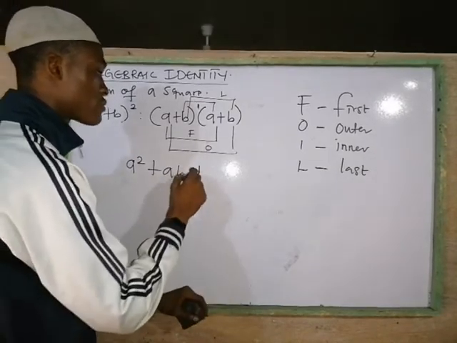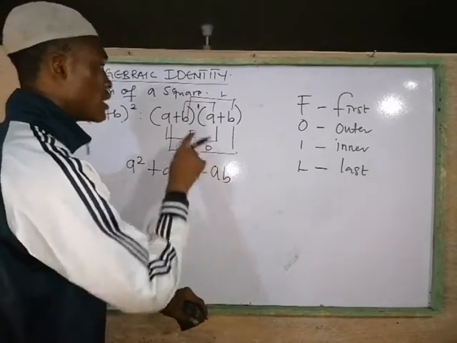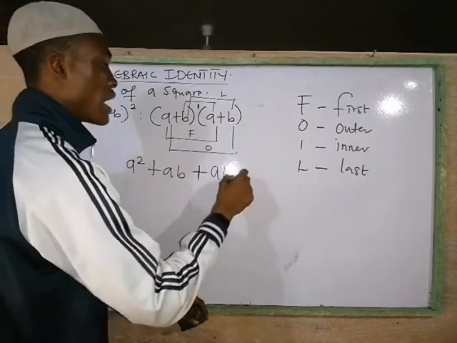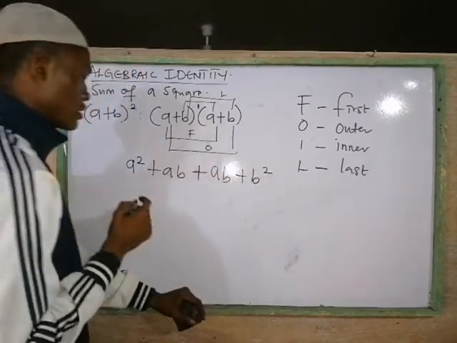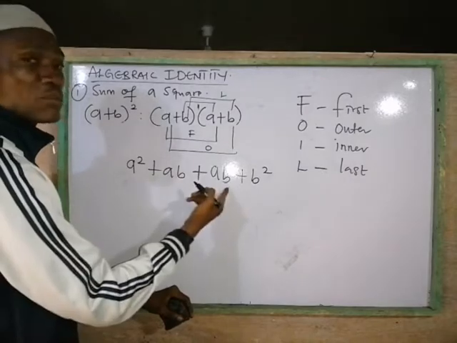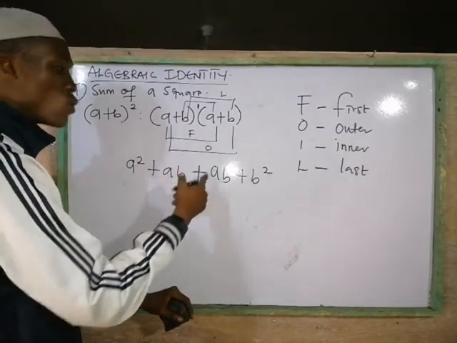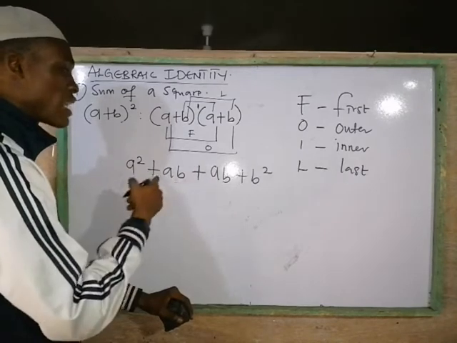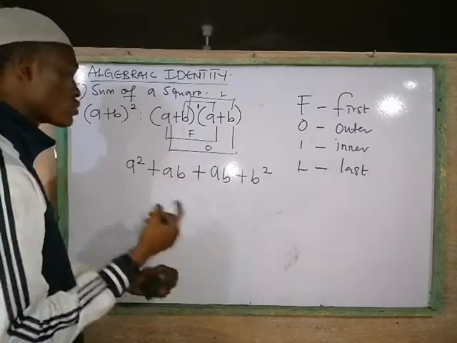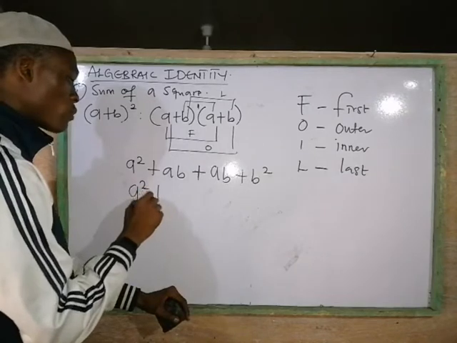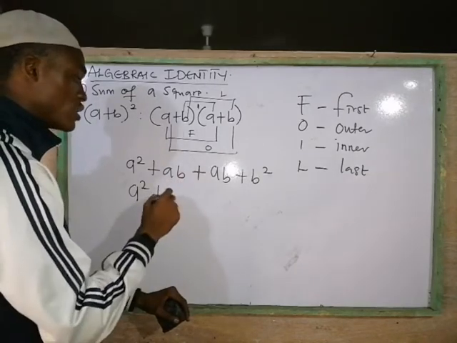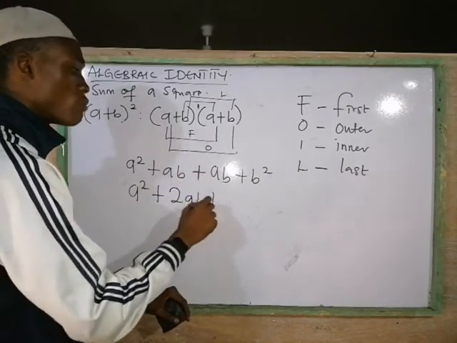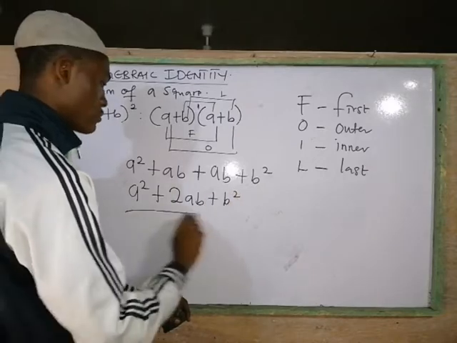So I have ab, then b multiplied by b, I have b squared. From here, ab and ab is just like we have 1 and 1. There's an understood one. So I can add the two ones together and it becomes 2. So a squared plus 1ab plus 1ab becomes 2ab plus b squared.